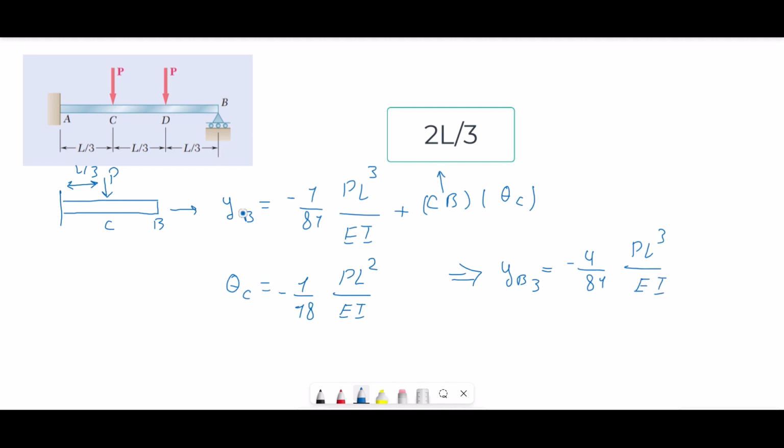over EI. And as we said in the first video, the summation of the deflections of these three beams at point B has to be equal to 0. So y of B is equal to y of B1 plus y of B2 plus y of B3. And from the previous section, we found that y of B1 is equal to R of B times L to the power 3 divided by 3 times EI.